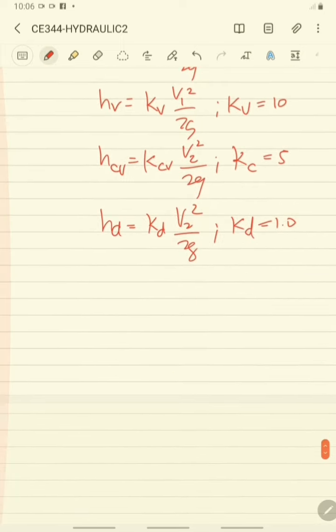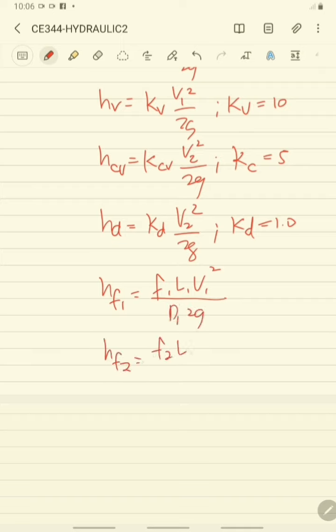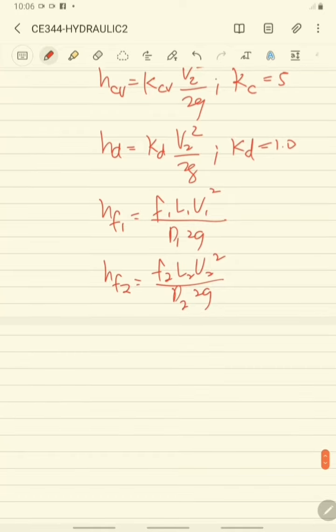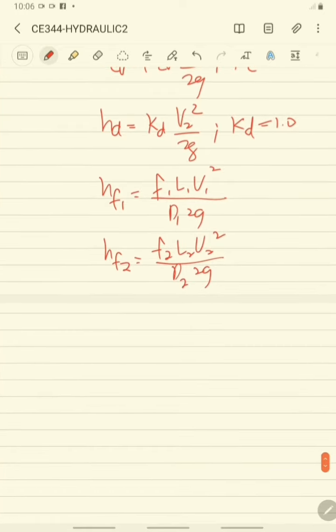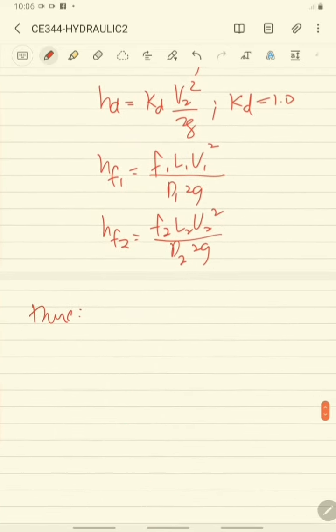Then we have HF1, because we use Darcy, so you have F L1 V1 squared over D1 2G, then HF2 is F2 L2 V2 squared over D2 2G, right? Then we have to substitute. After that we have to compute.